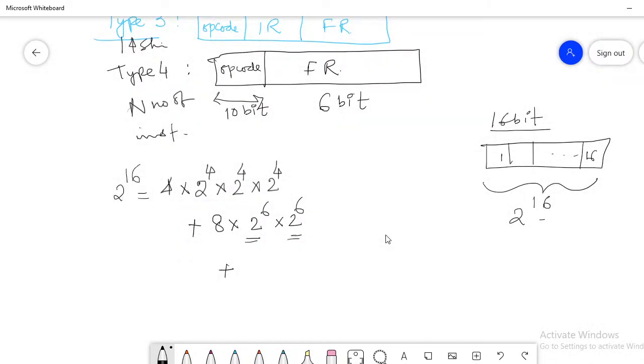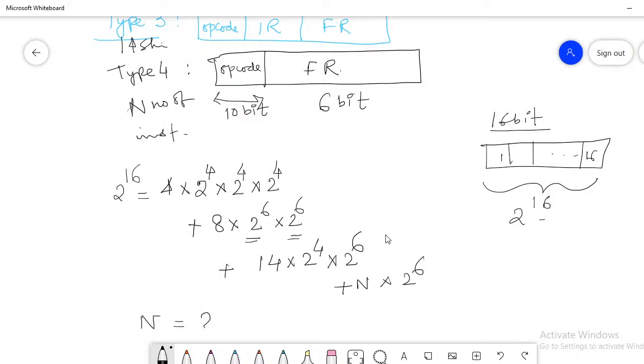So you write plus 14 into 2 to the power 4 into 2 to the power 6. Plus n into 2 to the power 6, the last term. From there you have to calculate the value of n.